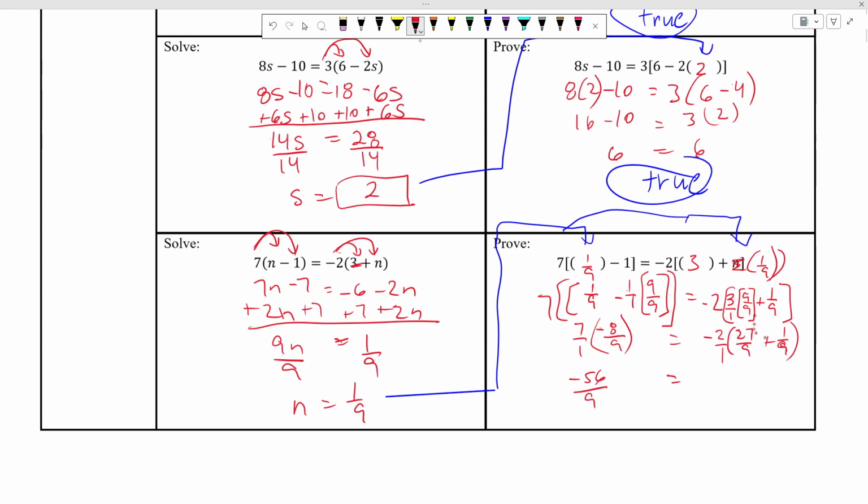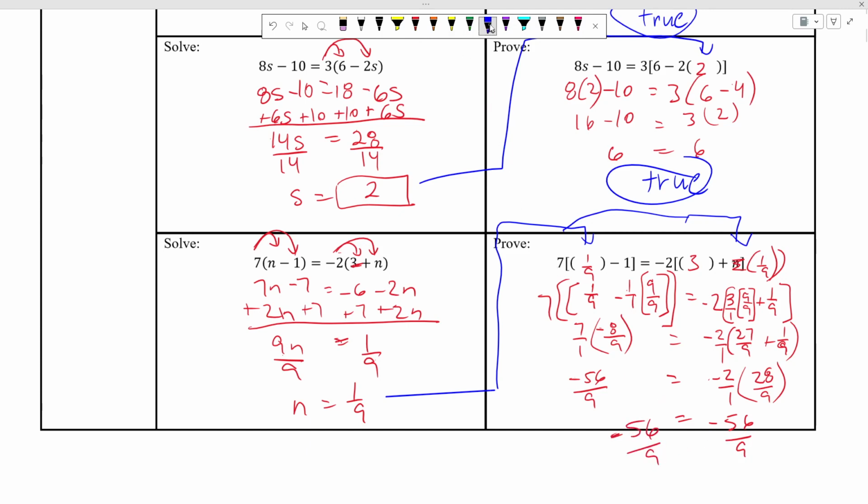Okay, now I can just focus my efforts on this side. Let's see, 27/9 plus 1/9, that is 28/9. And I am multiplying that by -2/1, and that becomes -56/9. This becomes -56/9.